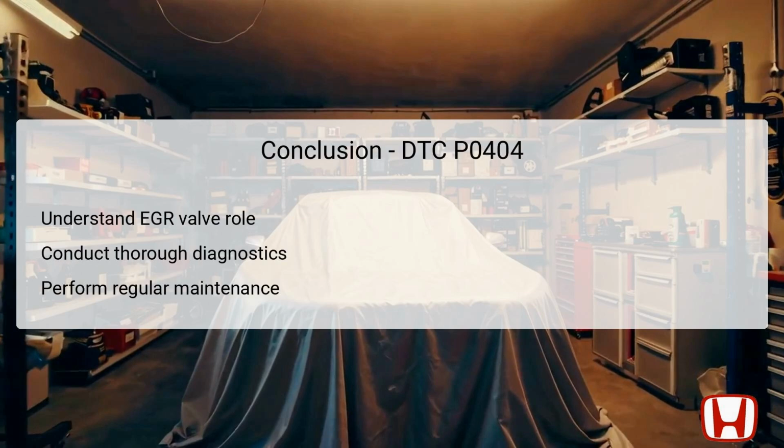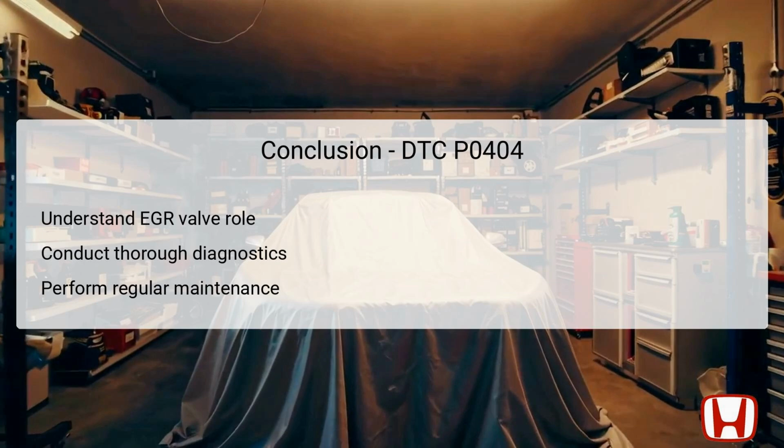In conclusion, addressing DTC P0404 requires a methodical approach to diagnostics and repair. Understanding the role of the EGR valve is paramount, as it directly affects engine performance and emissions compliance. Diagnosing the issue can be complex, requiring a step-by-step investigation of the valve, wiring, and ECM signals to isolate the fault accurately.